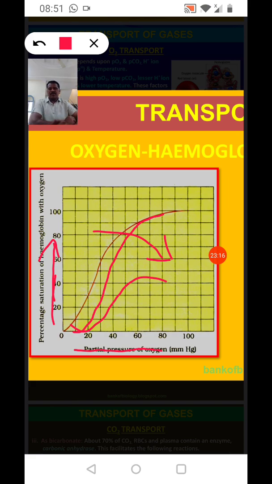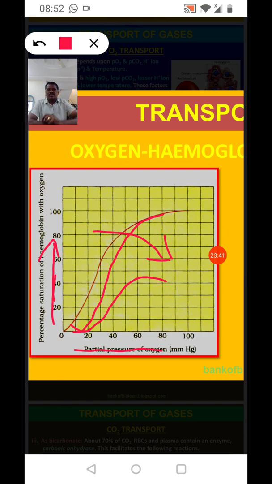Here two more questions I will tell you, important ones. There is a scientist called Bohr. Bohr explained that due to the effect of partial pressure of carbon dioxide, the oxygen hemoglobin dissociation curve moves from left to right.